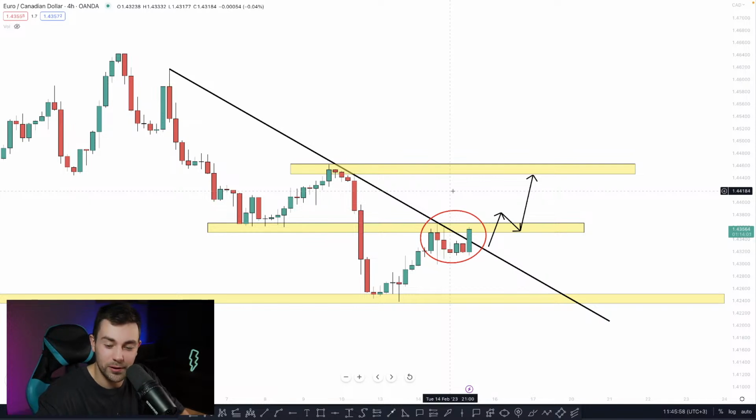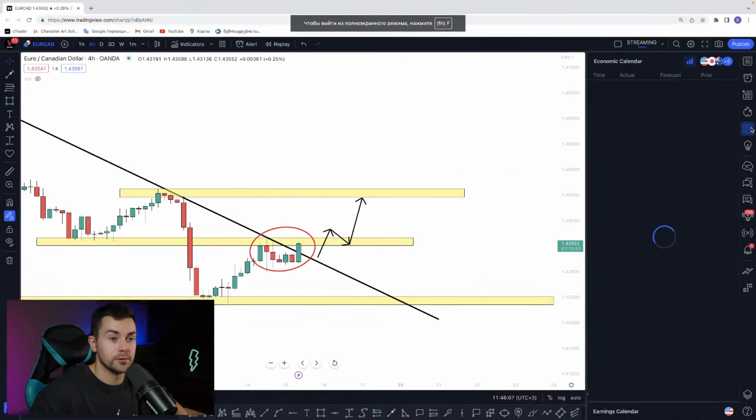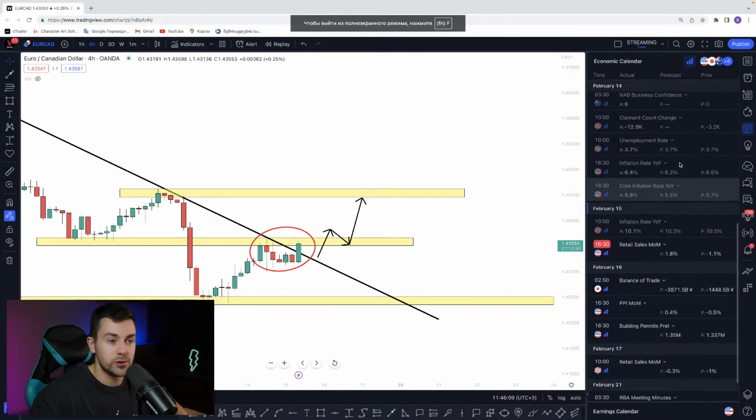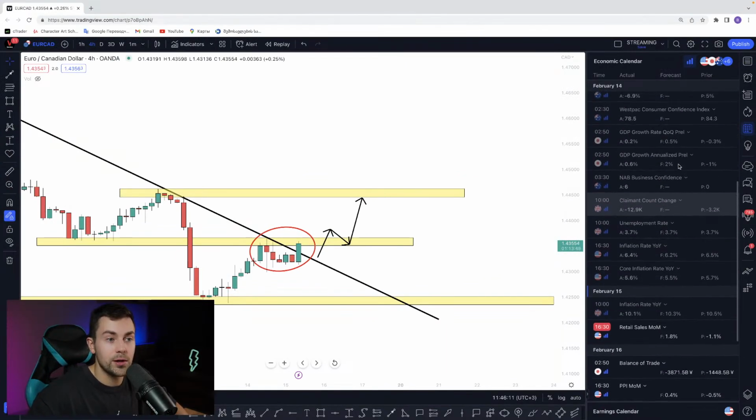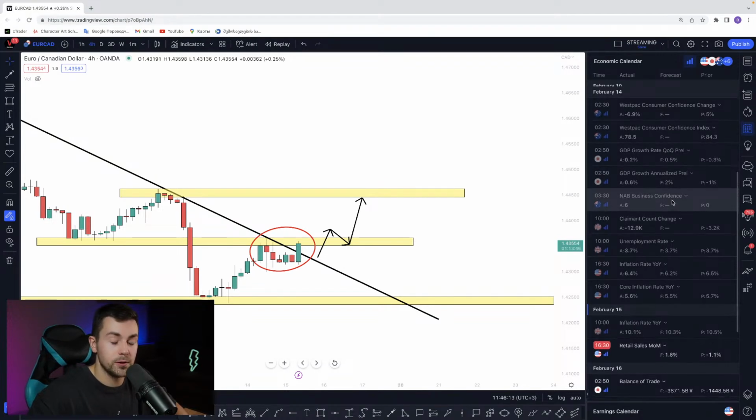And by the way, I saw a question from Simon. Do you consider fundamentals in your trades? Traders, I always told you that I always check the economic calendar. The economic calendar is very important because it shows us the exact moments when the market will be volatile.